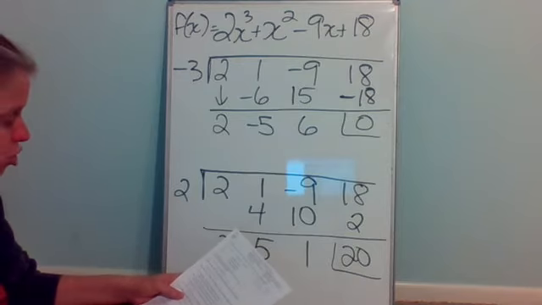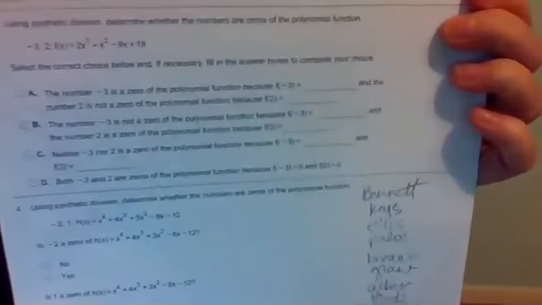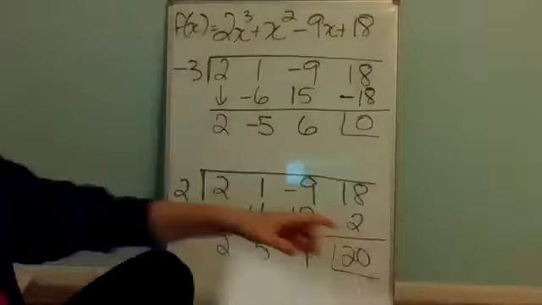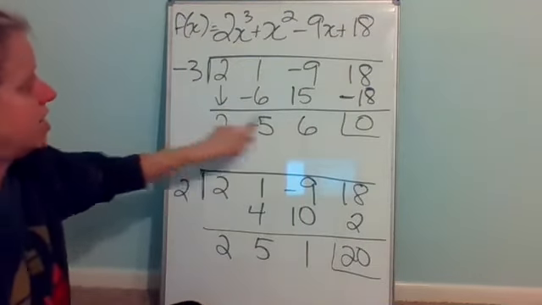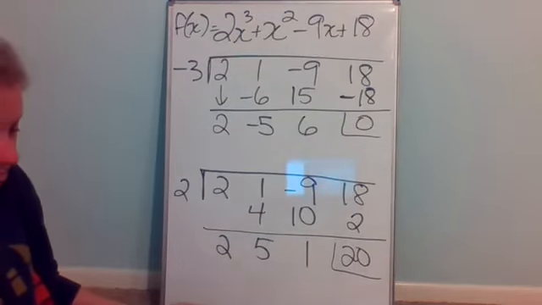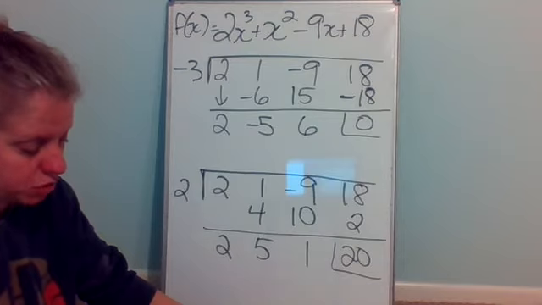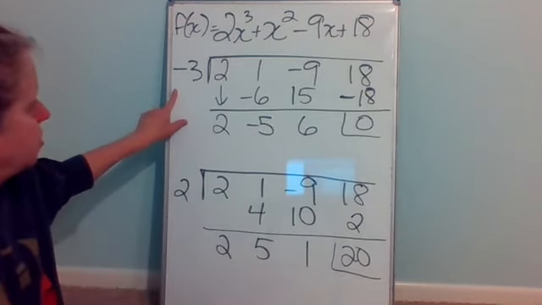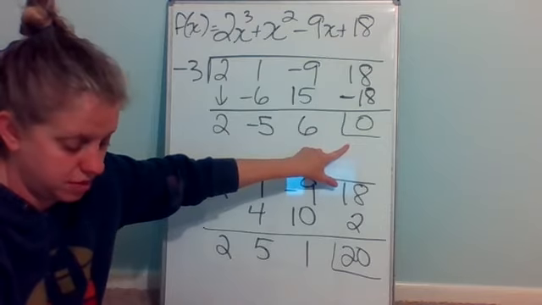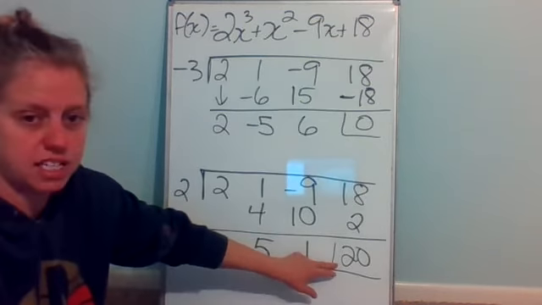So if this is multiple choice, it's going to give you several different options here. What you want to find is the one that says -3 is a 0, and 2 is not a 0. So -3 is a 0 of the polynomial because f of -3 equals 0. 2 is not a 0, right? It ends up being 20.